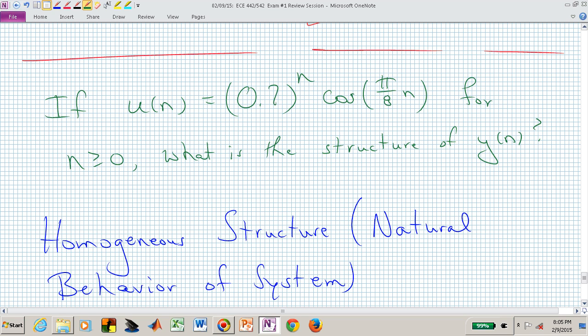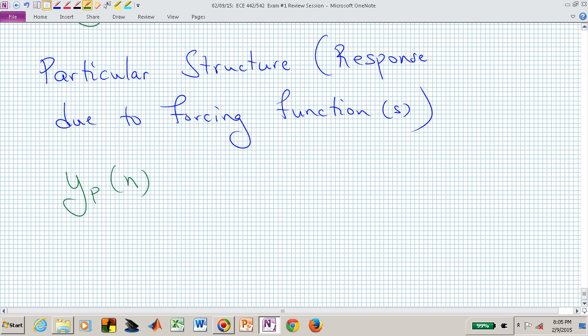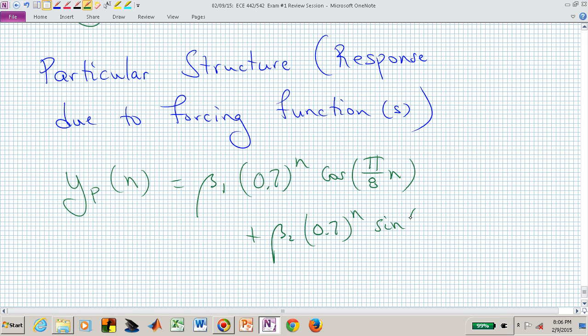The particular solution structure here would then be beta 1, 0.7 to the n, cosine pi over 8 n, plus beta 2, 0.7 to the n, sine pi over 8 n.